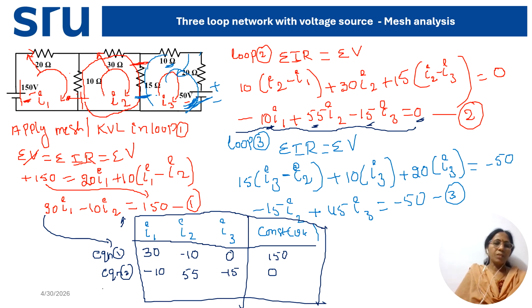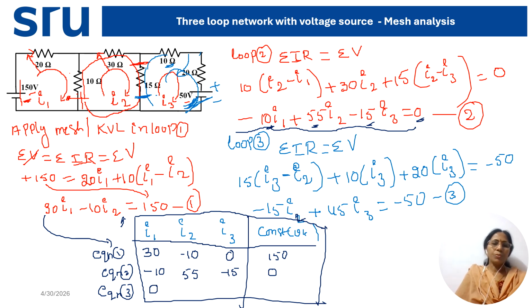Then from equation 3, this is our equation 3. Okay, 15 minus 15 I2. Do you have I1 in equation 3? There is no I1. So what should I write here? 0, right? There is no I1, that's why we have to write 0 I1.